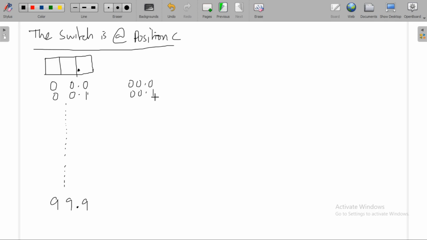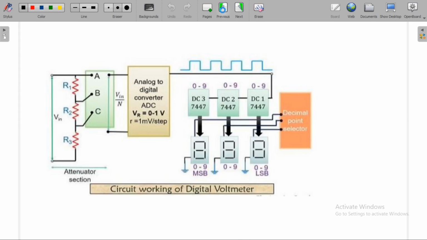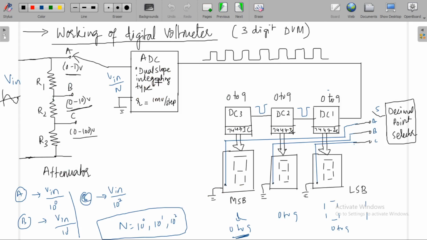Likewise you're going to get 99.9. That is from 0 to 99.9. The range will be 0 to 100 volts. So if the switch is thrown to position C, the range will be 0 to 100 volts.